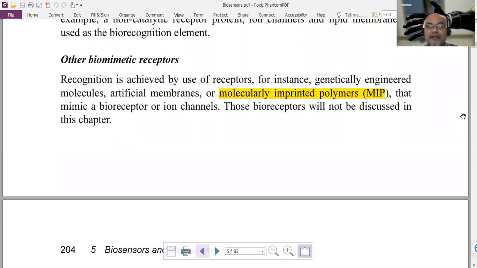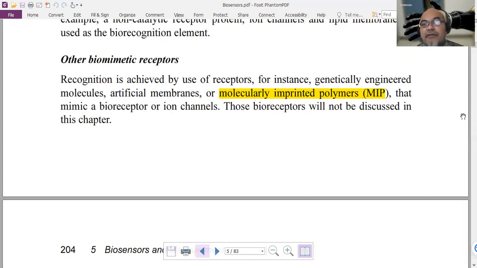Then a new developing subfield within biosensors is the increased use of non-organic, well, we cannot say bioelement, non-organic or biomimetic elements.